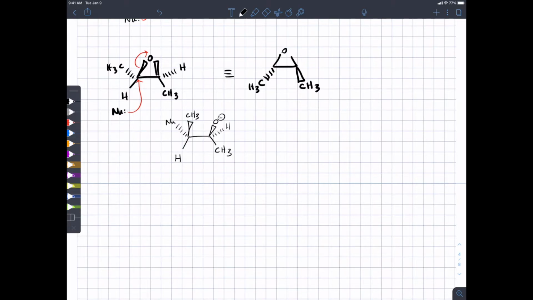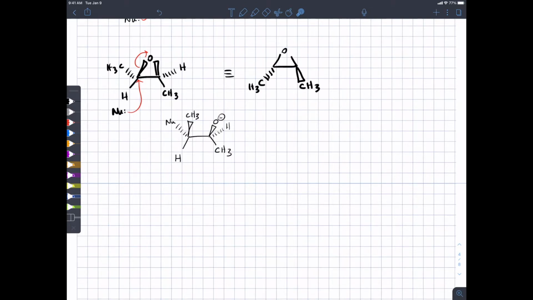So there's not a whole lot new here, except for the fact that the shape is a little bit weird. And we've never before had a molecule where the leaving group is still attached. This is an example of an SN2 reaction where the leaving group does leave, but it's still attached to the molecule.